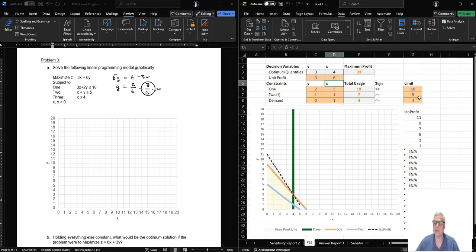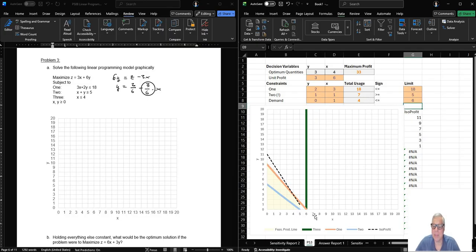We can see what would happen if we had, for example, greater demand like 5, or even 6. Okay. So what would you think is the optimum solution now?